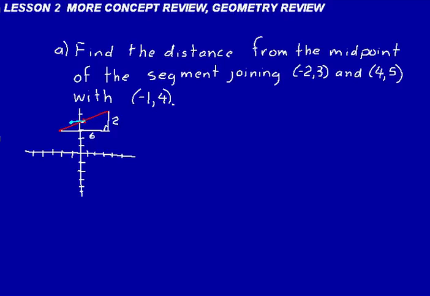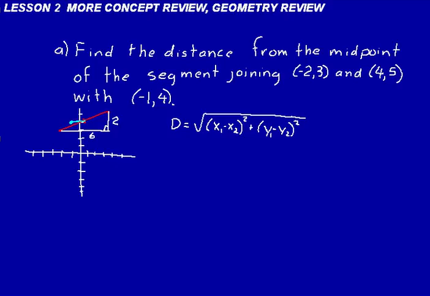We could find that hypotenuse, or the line segment, just by using the Pythagorean theorem. We can also rearrange that into another form called the distance formula, which is equal to the square root of the differences in our x values squared plus the differences in our y values squared. So if we know 2 points, we can figure out the distance between them using this formula.